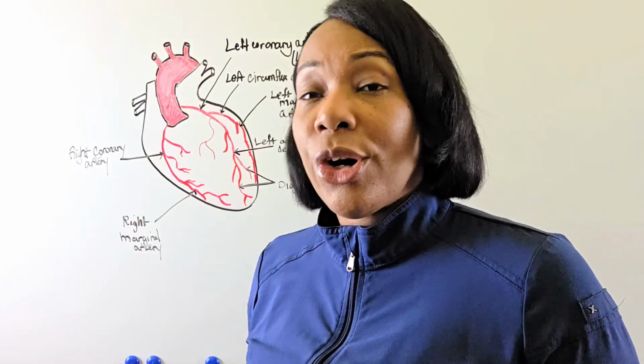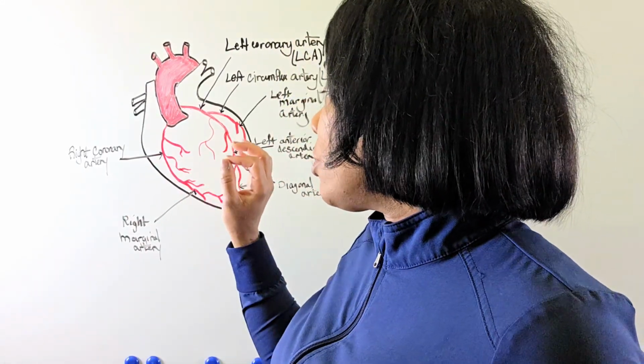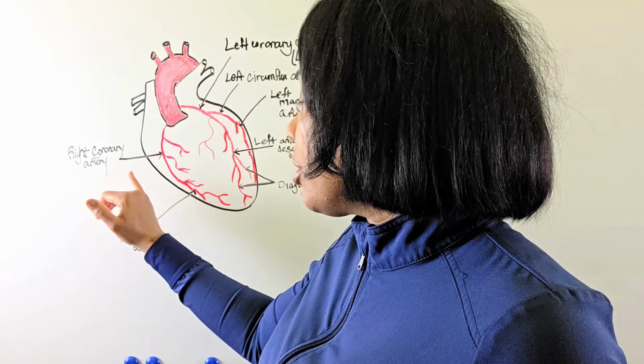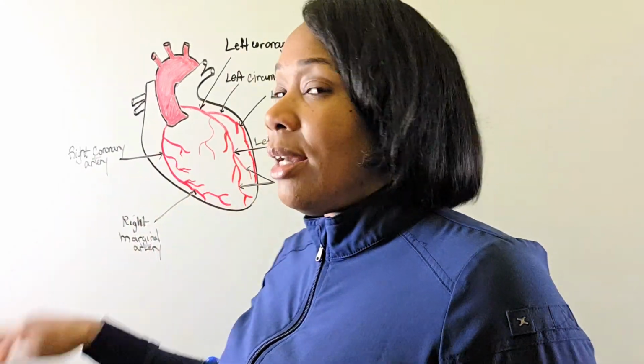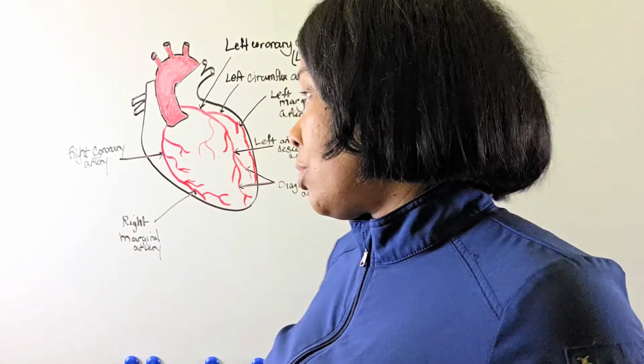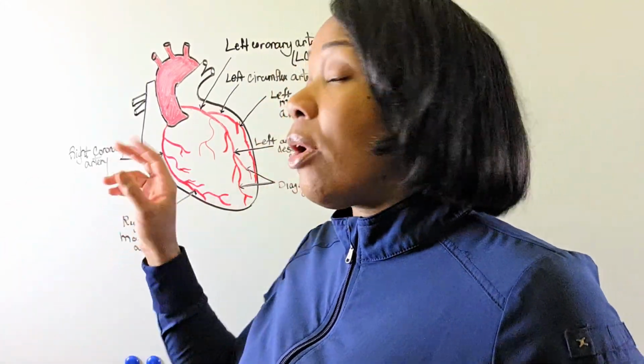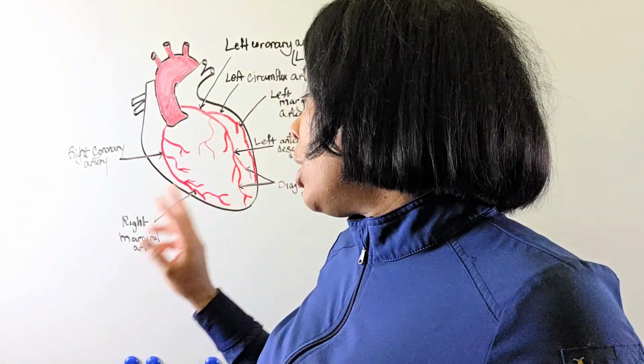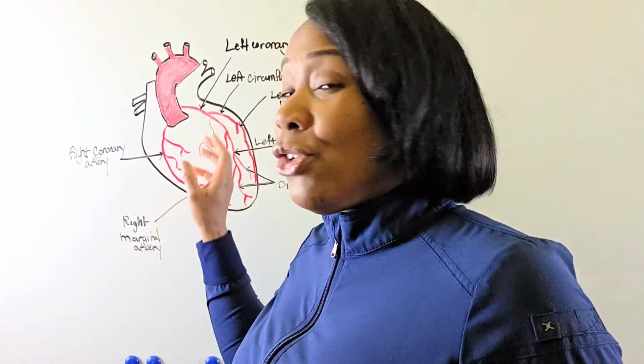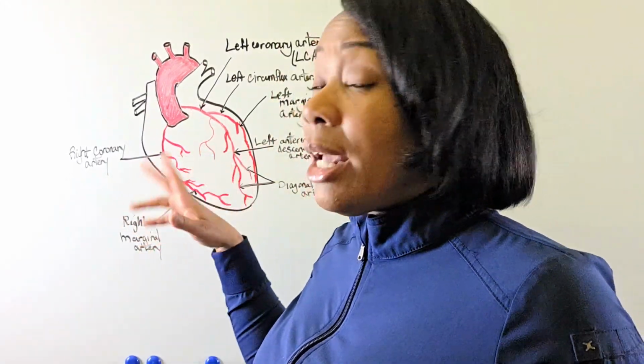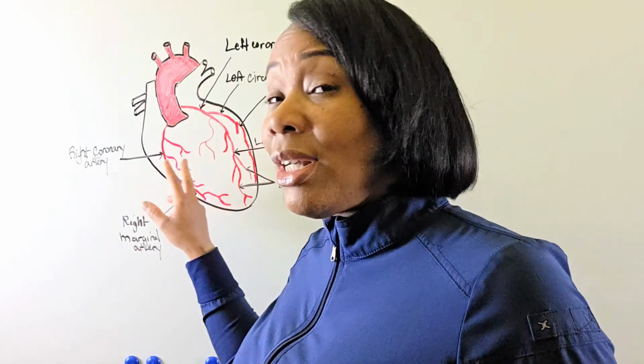Your right coronary artery supplies blood to the right atrium, the right ventricles, the SA node, and the AV node. Okay. And you also have to keep in mind that your right coronary artery also branches off into the right marginal artery, and then your posterior or PDA, posterior descending artery.